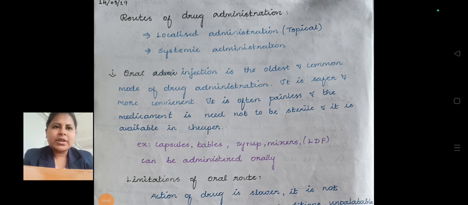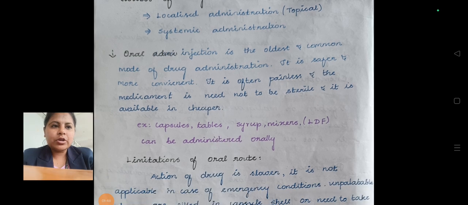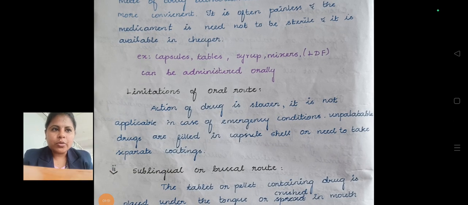Each method has several limitations, right? The disadvantages of the oral route are that the action of the drug is slower, and it is not applicable in emergency conditions. Some unpalatable drugs can be filled in the form of capsules.